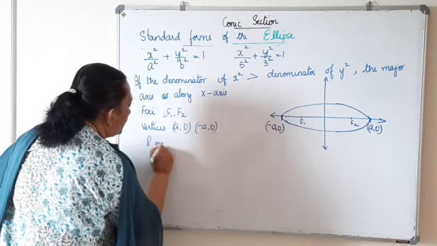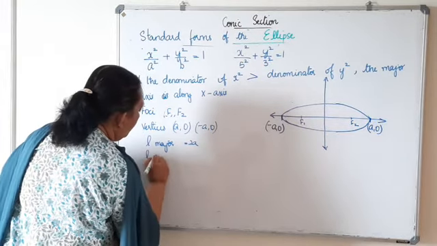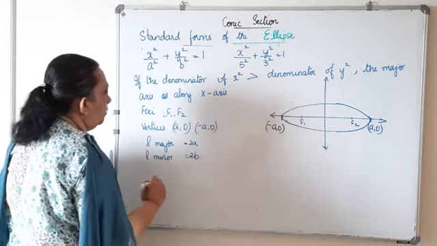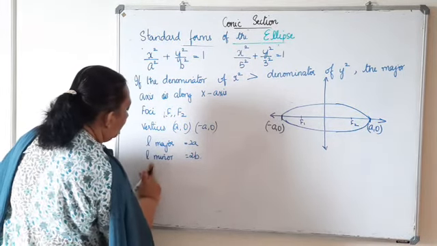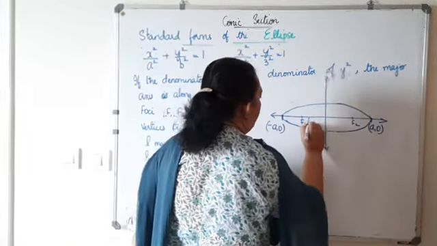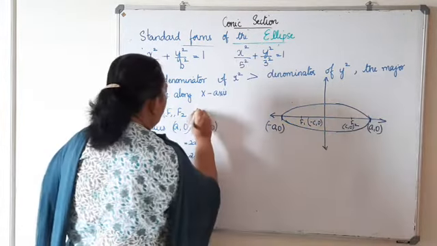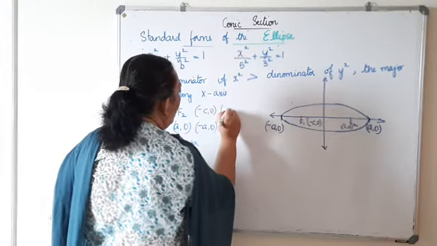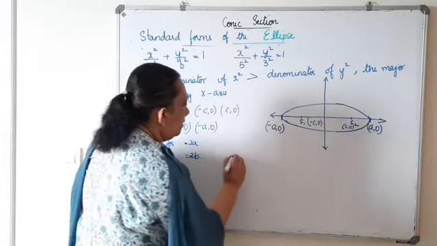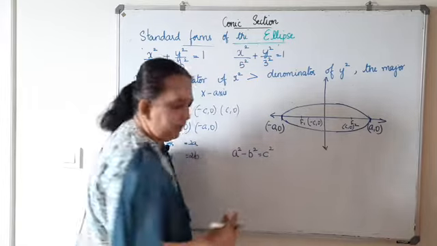The length of the major axis is 2a, the length of the minor axis is 2b, and the foci F1 and F2 are minus c comma 0 and c comma 0. The relationship between a, b and c is a squared minus b squared is equal to c squared.